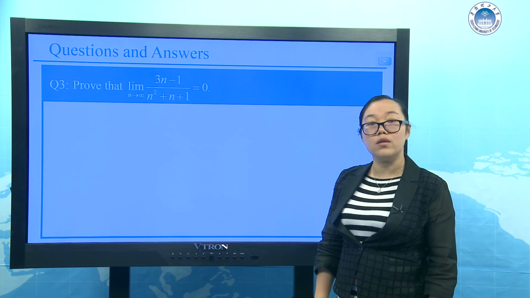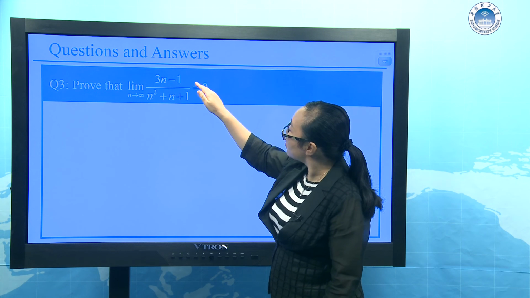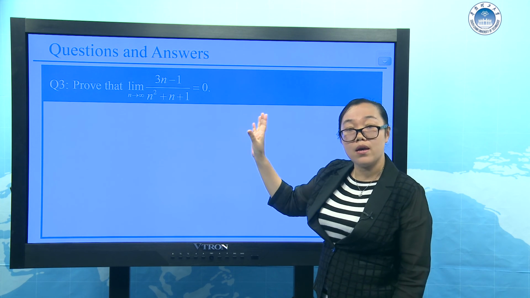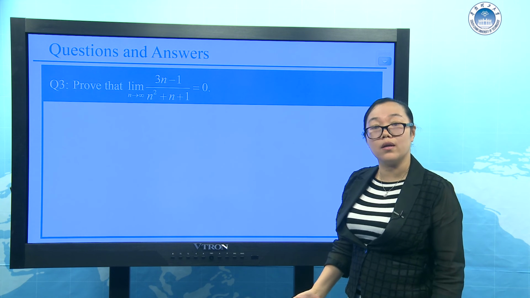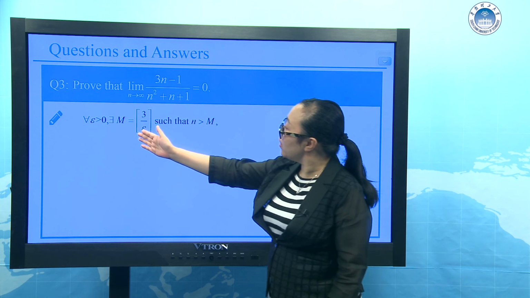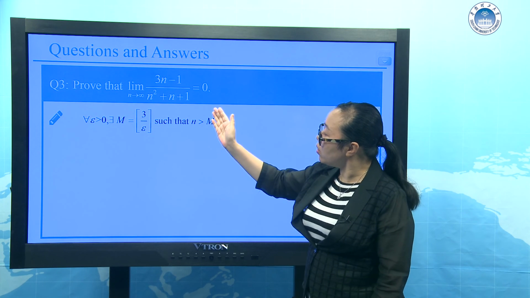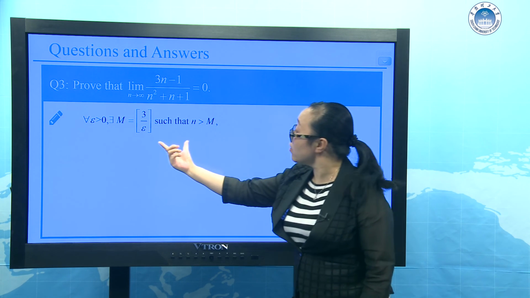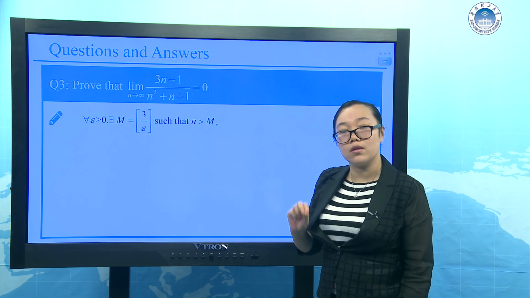So now look at question 3. Prove that the limit of f(x), in this question meaning a_n, equals 0. How to prove? How to find capital M? For any epsilon, there exists capital M equals 3 over epsilon, with the integer function taken.